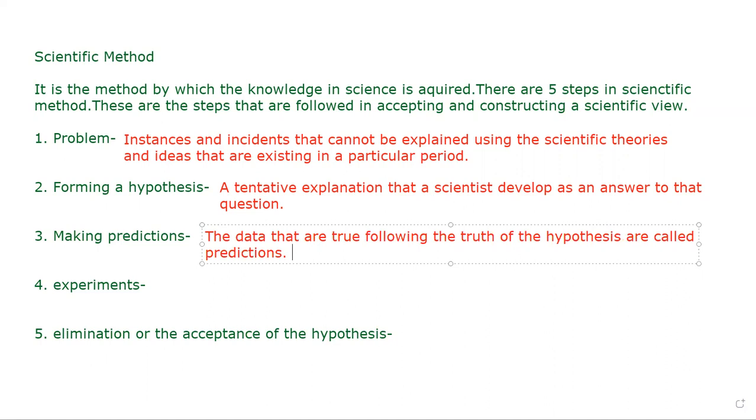In order for something to happen, there should be a logical process. So that is what making predictions is: predictions are logical consequences.